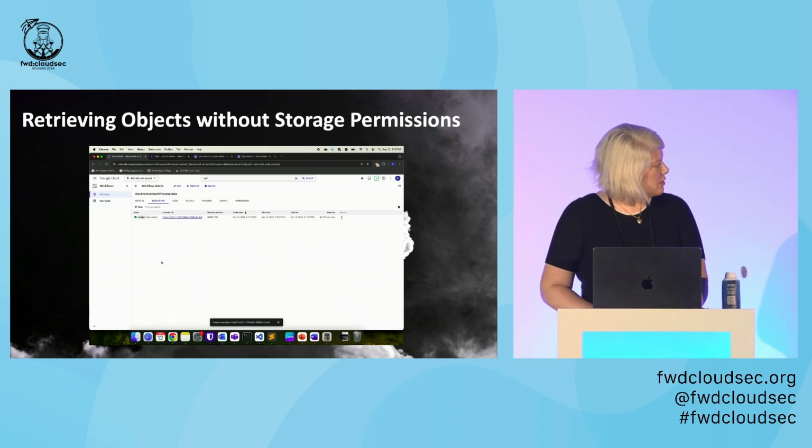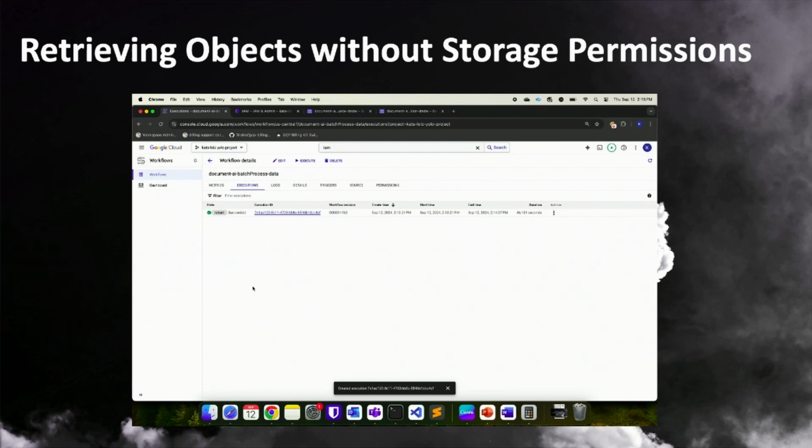Let's see here. Oh, that worked. Okay. So I have two workflows created. One that's leveraging just the regular process API. I think I mentioned this one's doing things right. This one's leveraging the identity of the caller. And so what we care about is that the identity of the caller has permissions to grab the text and move it.